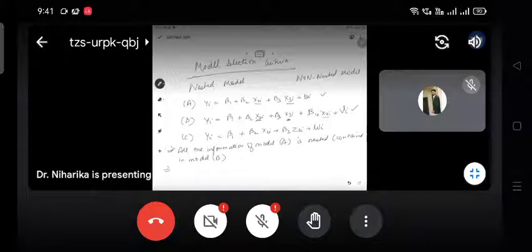And if we talk about model C, then in model C we have an additional variable. We don't have x3i and x4i. Rather, there's some different variable that is z3i.